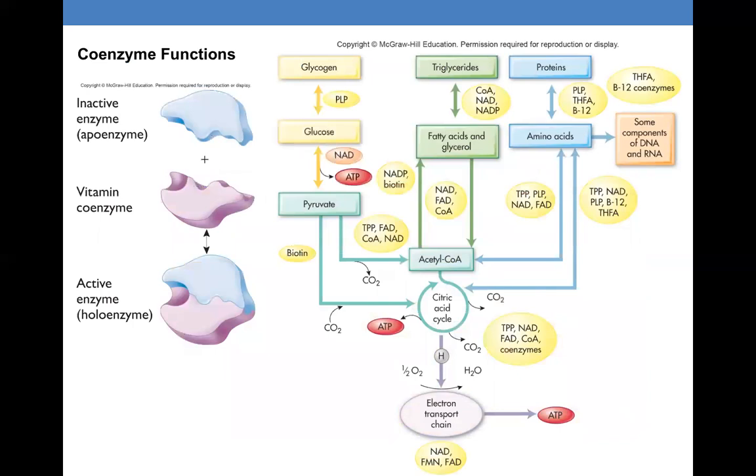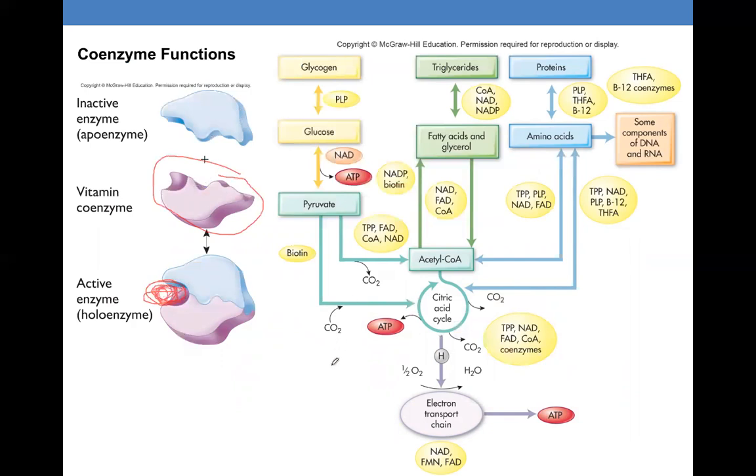Okay. So this picture is looking at coenzyme functions on the left, and it has a very simple diagram of how a vitamin can function to create an active enzyme. So you can see this enzyme has 2 parts, and without the vitamin component, it would not form this active site. This site right here is where what we call a substrate would bind.